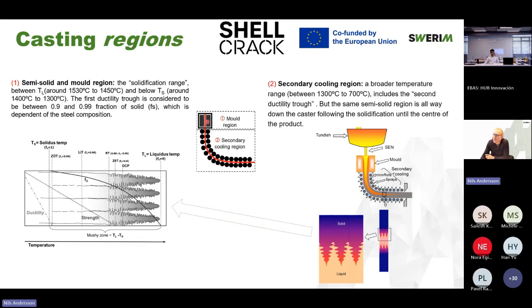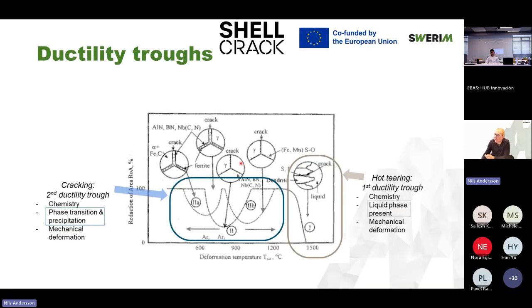Some cracks are generated up in the mold, and some are generated down in the secondary cooling. And we have these ductility troughs where we have reduced ductility or zero ductility. So in the high temperature region, we have a risk for hot tearing, which is in the mold part.